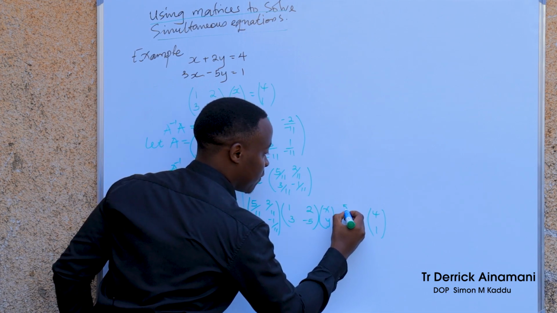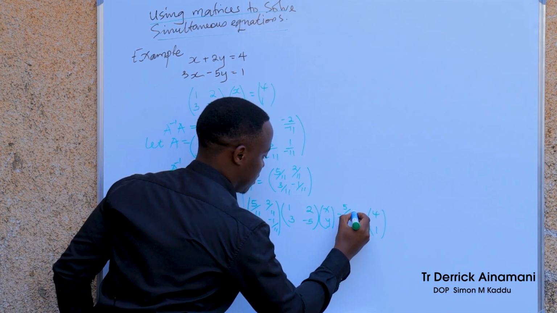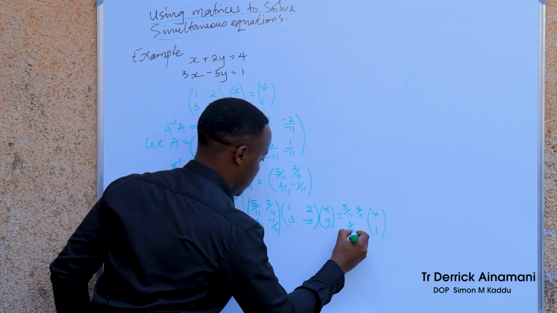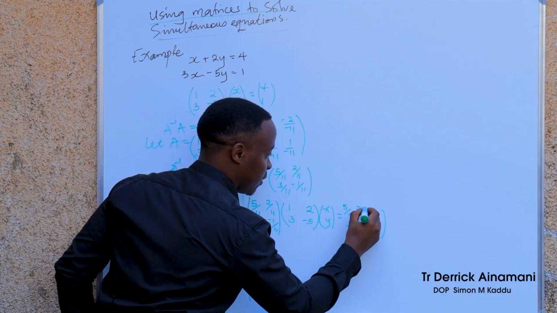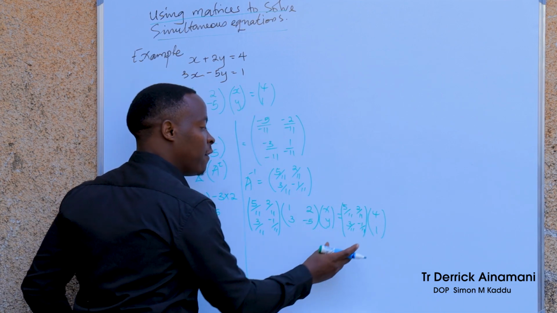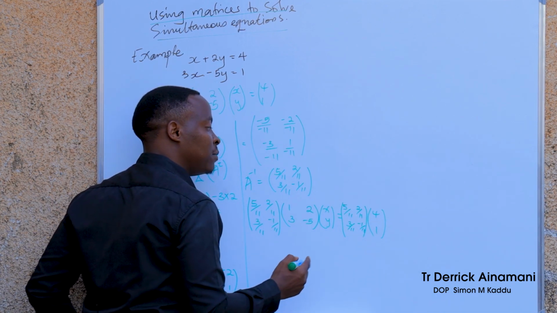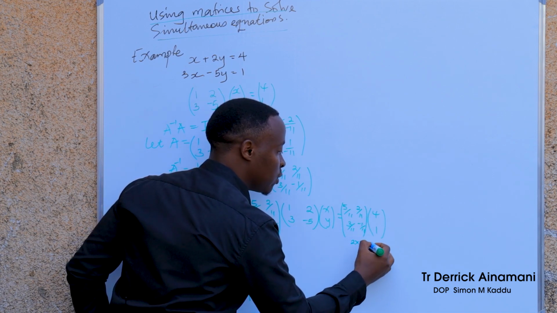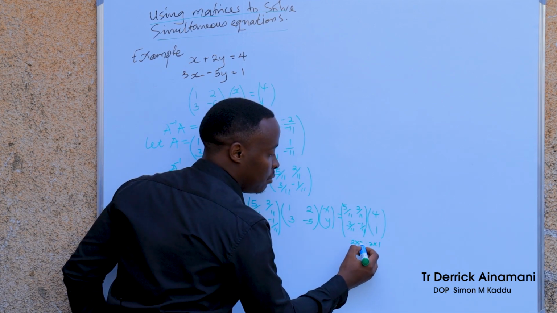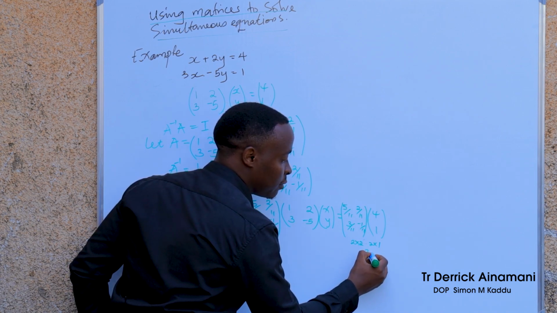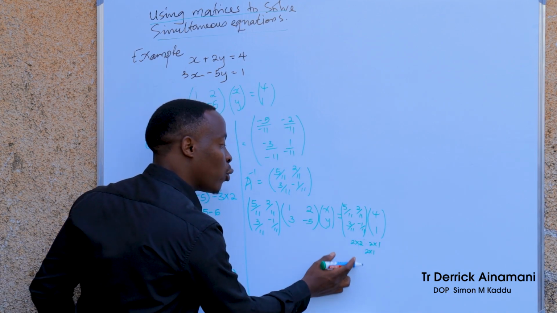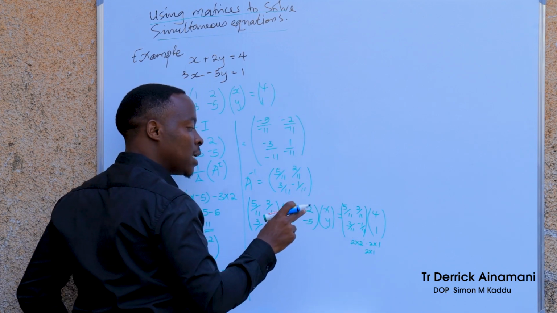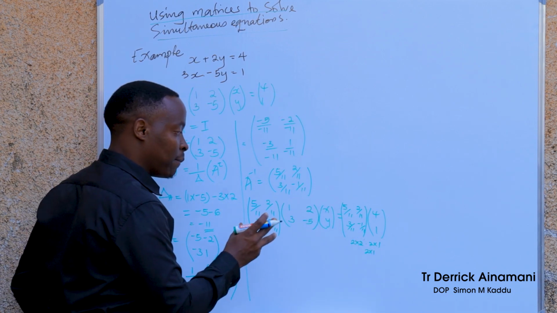If I had put this one here, checking compatibility, this is now a 2 by 2 crossing with a 2 by 1, meaning, since they are compatible, our answer would be a 2 by 1. If we had done it the other way around, it would have been a 1 by 2 multiplying a 2 by 2, which would be undefined. Now that is the importance of order.